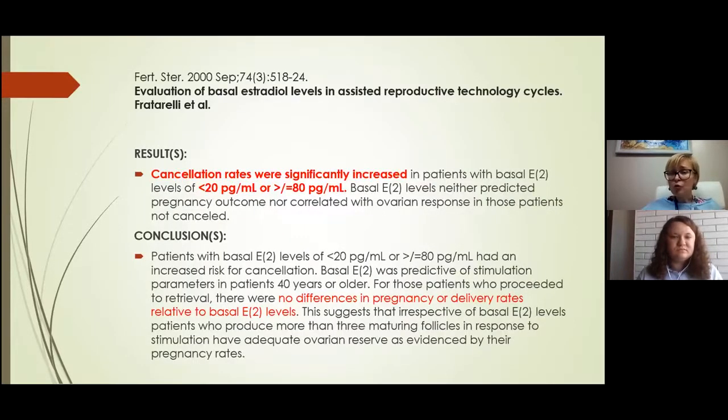It was shown in different scientific works that an estradiol level of more than 80 picograms per milliliter at the beginning of the cycle can predict low ovarian response during stimulation.